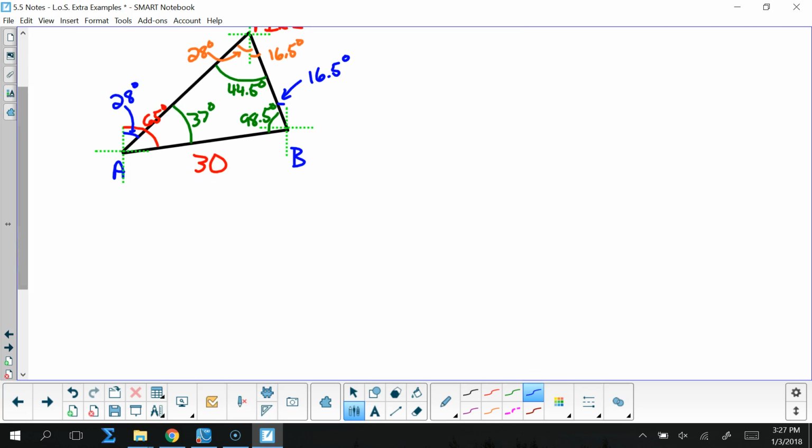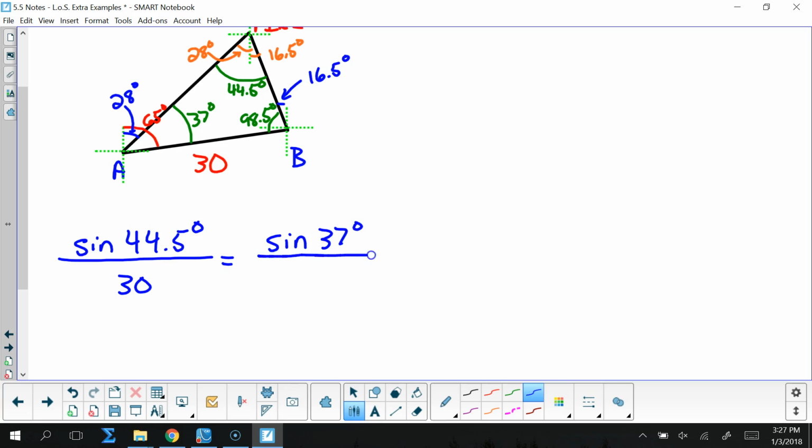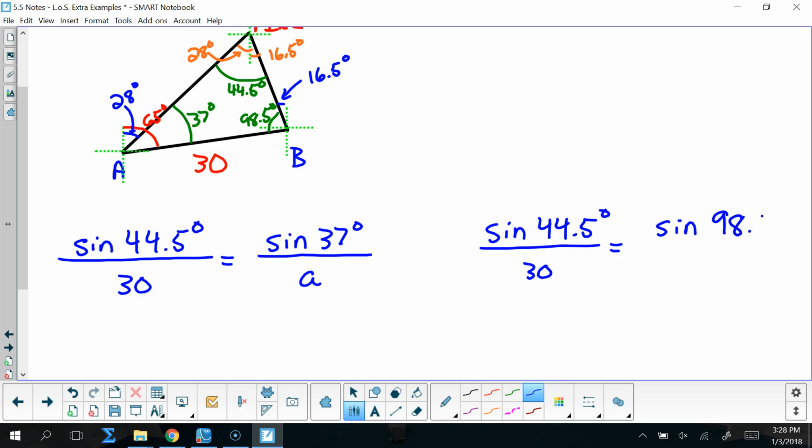So the sine of 44.5 degrees over 30 is equal to the sine of 37 degrees over side A. Also, the sine of 44.5 degrees over 30 is equal to the sine of 98.5 degrees over side B.